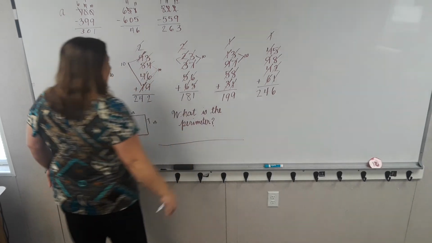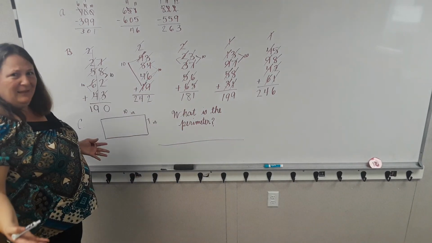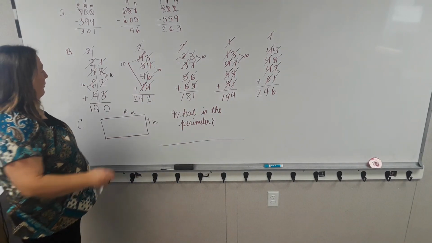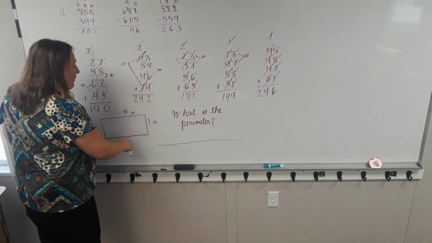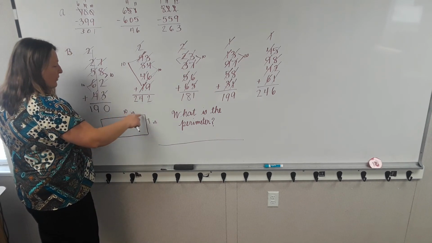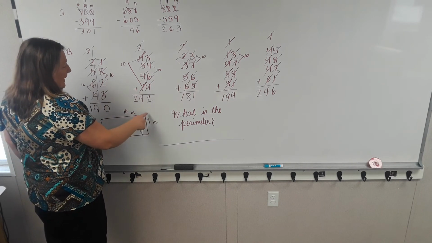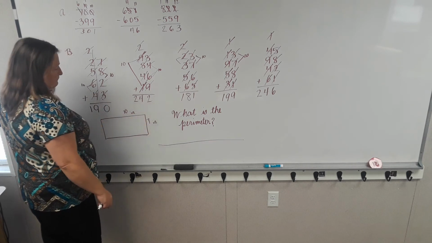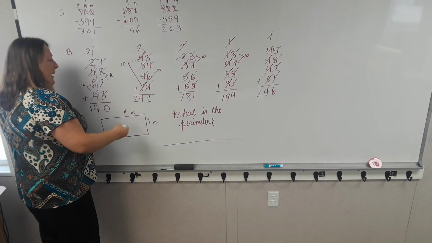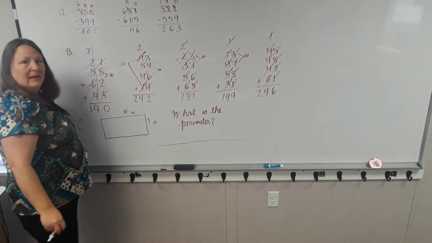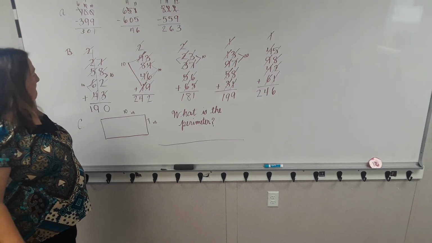C, we need to find out what is the perimeter. What is perimeter? Perimeter is the whole way around the outside of a shape. Let's pretend this is 10 inches and this is 7 inches. Do we add 10 plus 7? Is that how we find perimeter?